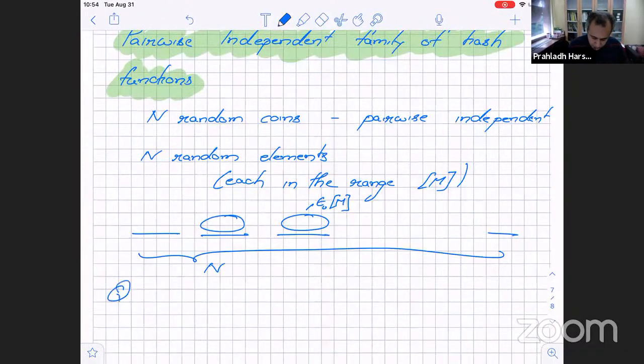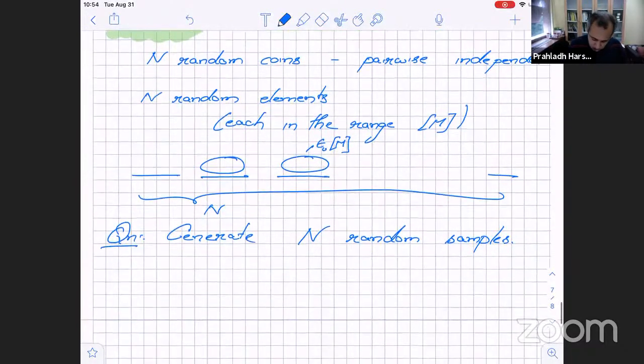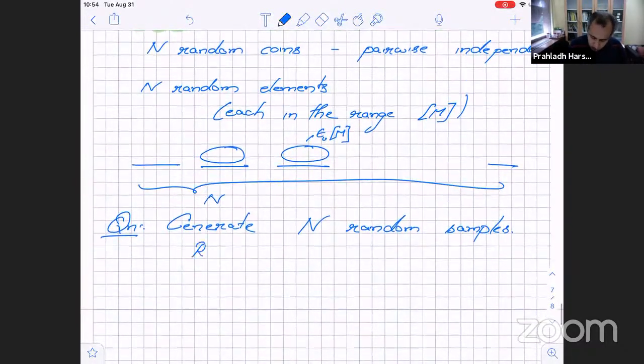So, I want to generate n random samples, let's call them R1, R2, ..., Rn, such that two properties are true.